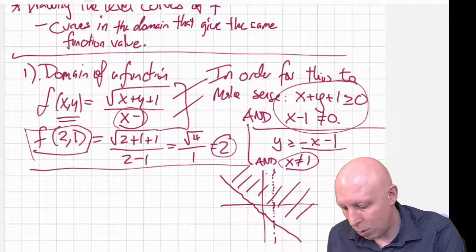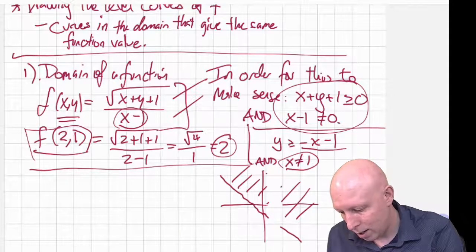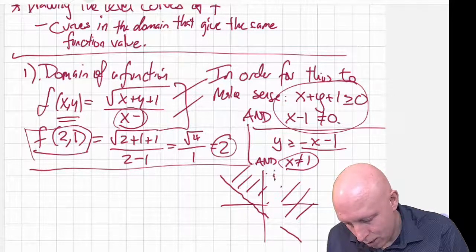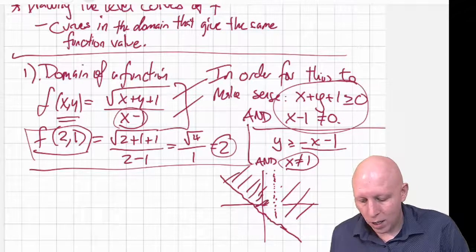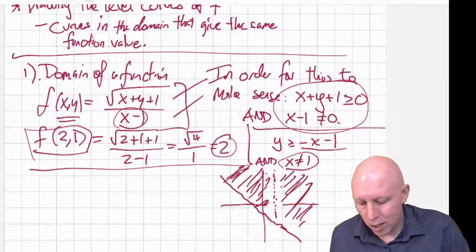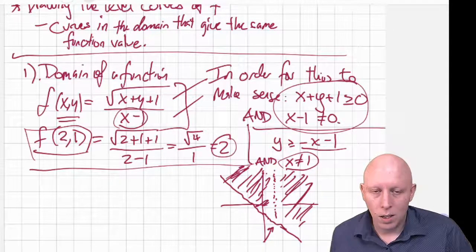So I'm going to erase that and then redraw it. The domain of this function is going to be the set of all points that are in this shaded region that are not on this line.